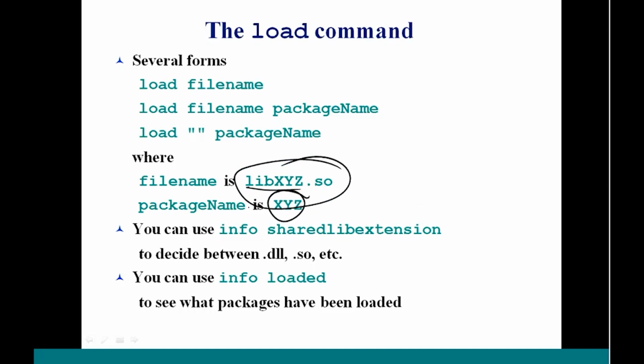We can use info sharedlibextension to decide between DLL or .so, etc. We can also use the info loaded command to see what packages have been loaded and are active.